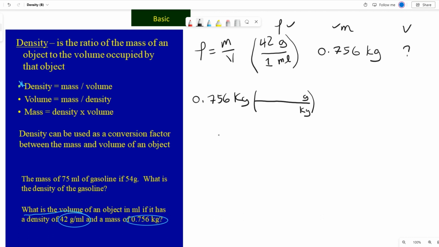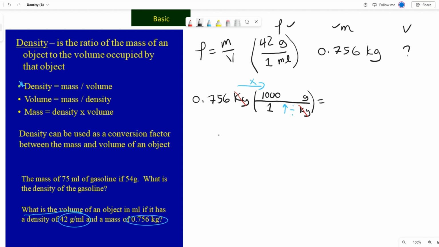Again, this is a metric conversion, and hopefully you remember those from the previous lessons. There's 1 kilogram for every 1,000 grams. So we have it set up so that kilogram and kilogram cancels out. We then multiply across and divide up.